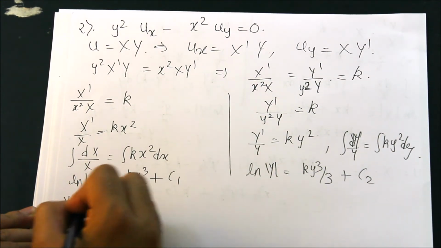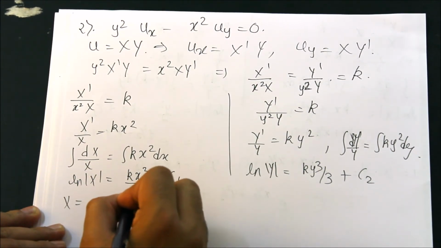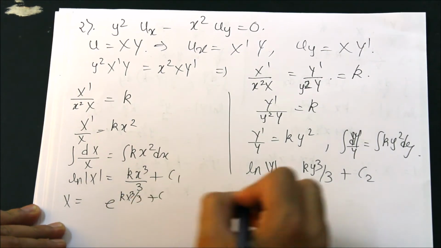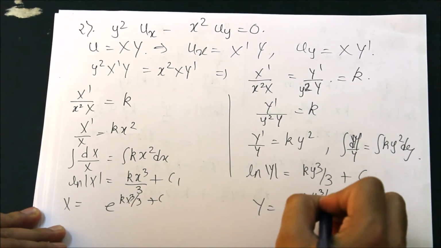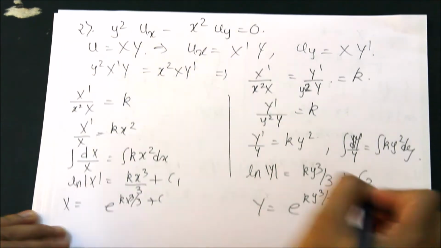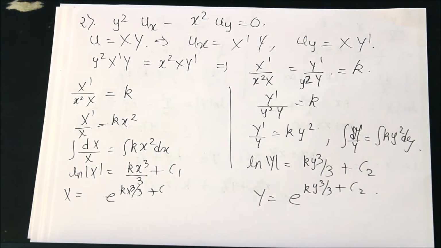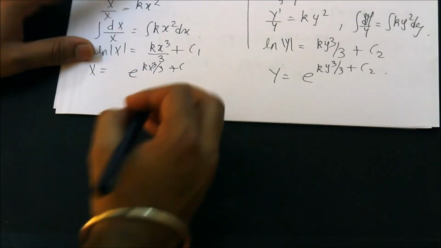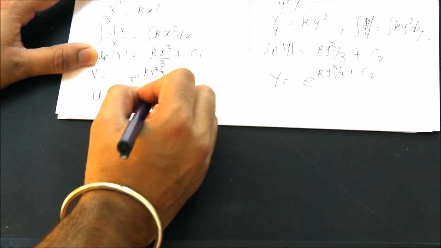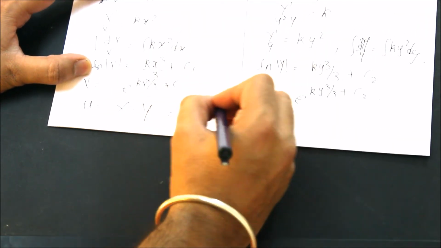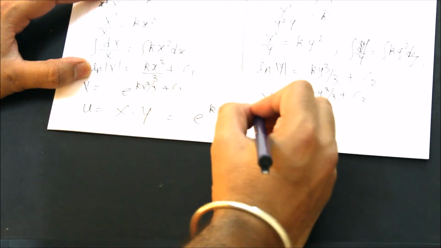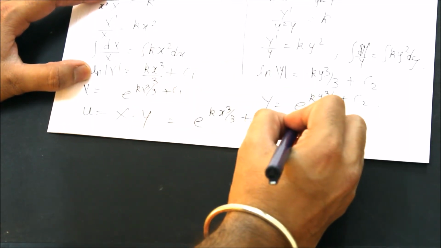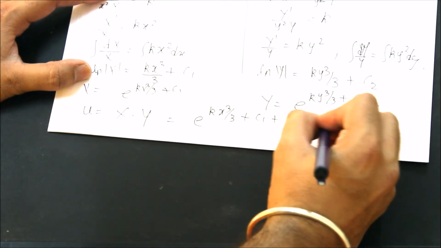So what is my X? Our X is e raised to kx³ by 3 plus c1. Our Y is e raised to ky³ by 3 plus c2. And what is our u? Our u is the product of X and Y, which is e raised to kx³ by 3 plus c1 plus ky³ by 3 plus c2.